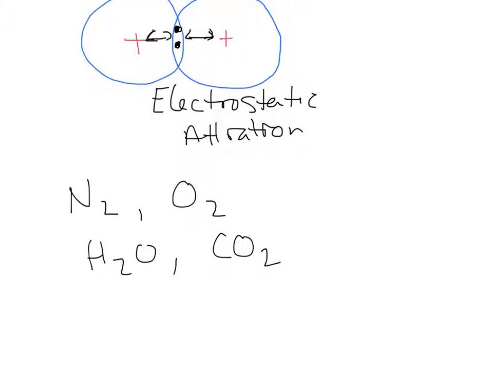We even see it with elements more towards the middle, so we get carbon tetrachloride, CCl4, methane, silane. All these different things bond together covalently, and we get this overlap and the sharing of electron pairs.